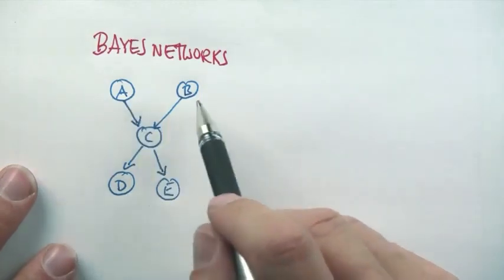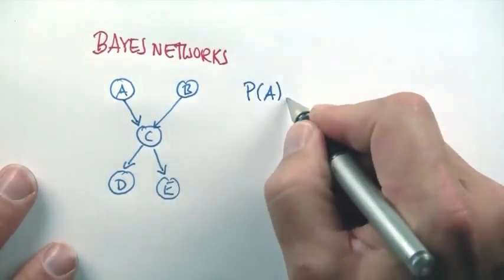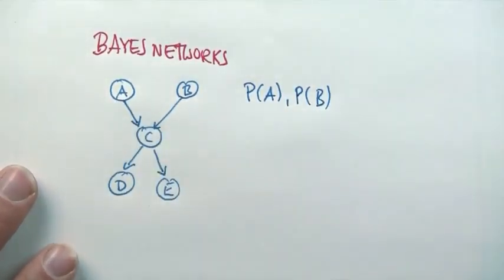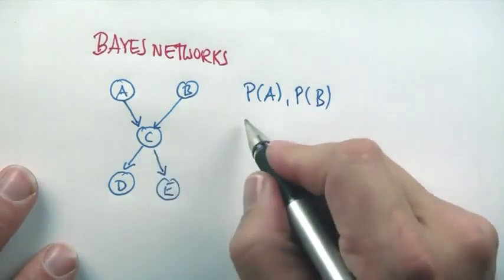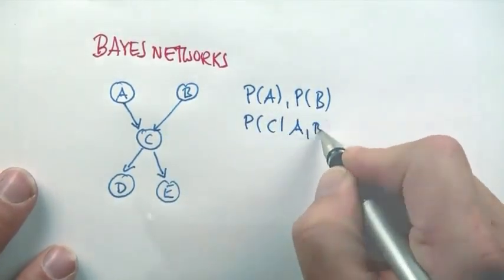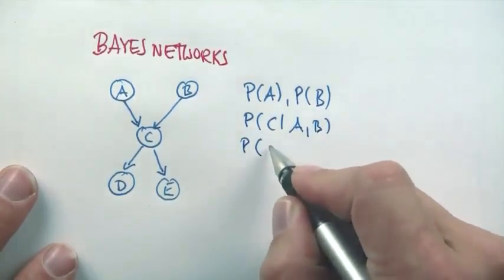For nodes A and B, we just have a distribution P of A and P of B because A and B have no incoming arcs. C is defined as a conditional distribution, conditional on A and B, and D and E are conditioned on C.